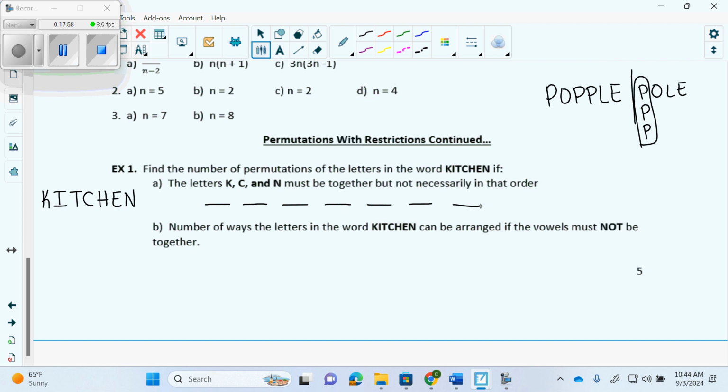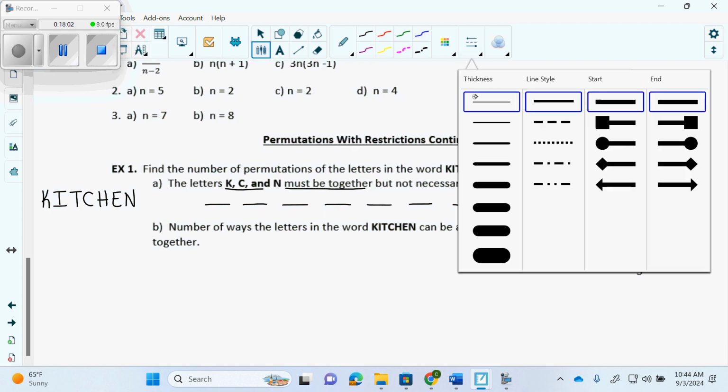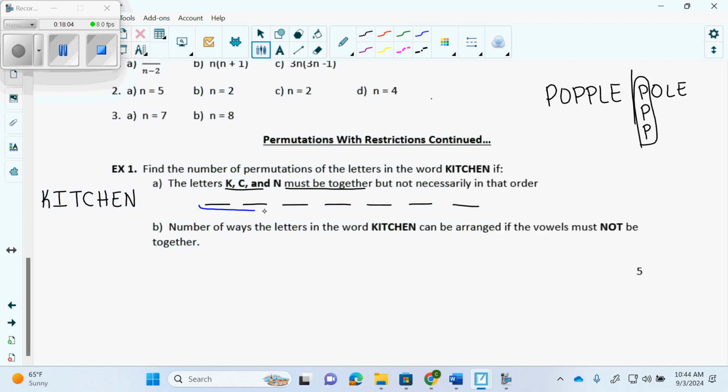Now, when it says that they must be together, the first thing I do is hook them together. So 3 letters that have to be together. So I hook them together at the front. That's how I always start it. So K, C, and N have to be together, but not necessarily in that order.